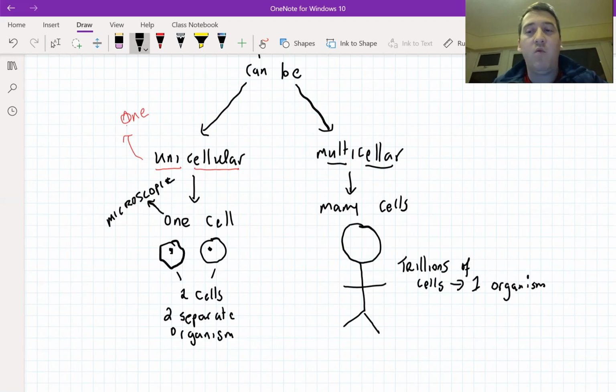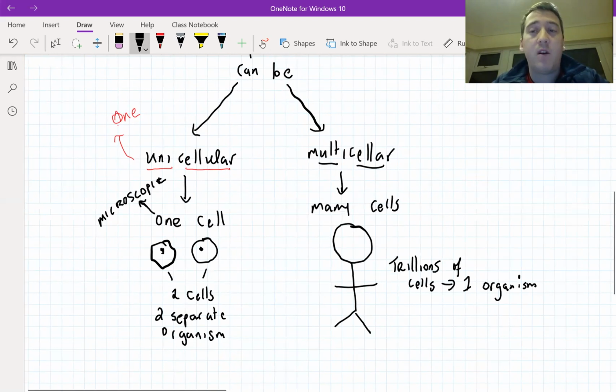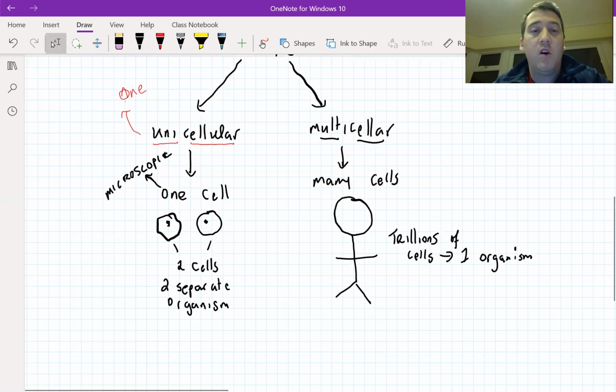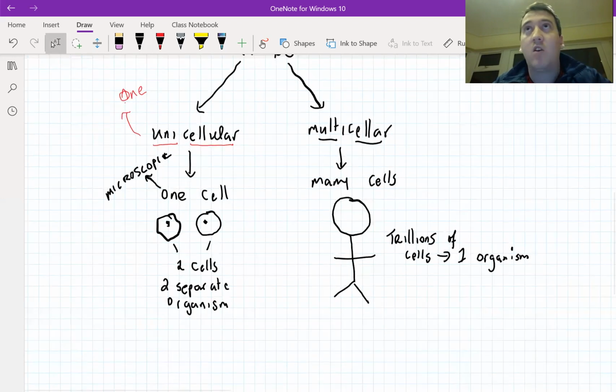Now, if you take any one of your cells, one muscle cell or one brain cell or one skin cell, none of those is a human by itself. They're a cell that belongs to a bigger organism. Whereas if we take one bacteria cell, that is a full bacteria. Okay, so that's the difference here. Trillions of cells to make up a multicellular organism, and only one cell to make up a unicellular organism.